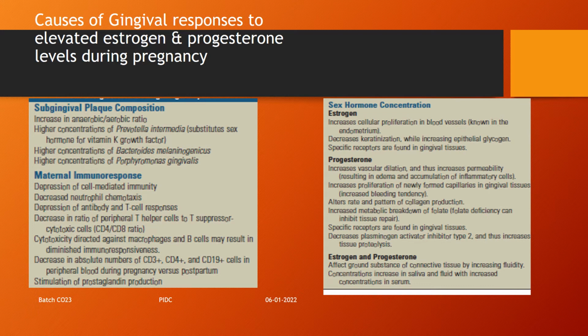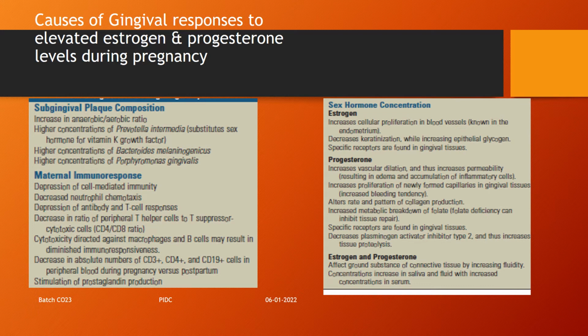And also, the sex hormone concentrations are increased, and they could have effects. Estrogen causes increased cellular proliferation in blood vessels, decreases keratinization while increasing epithelial glycogen. Specific receptors are found in gingival tissues. Progesterone increases vascular dilation and thus increases permeability, increases proliferation of newly formed capillaries, alters the rate and pattern of collagen production, and increases metabolic breakdown of folate.